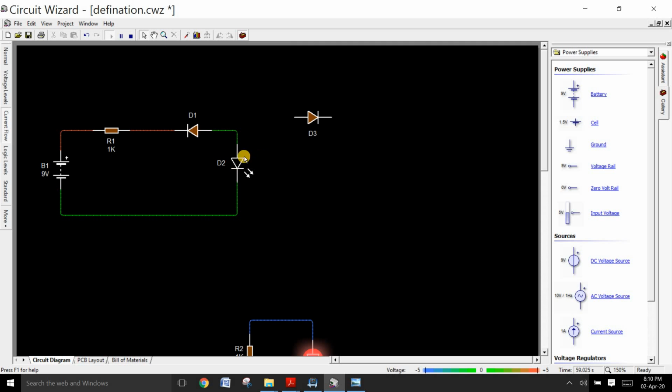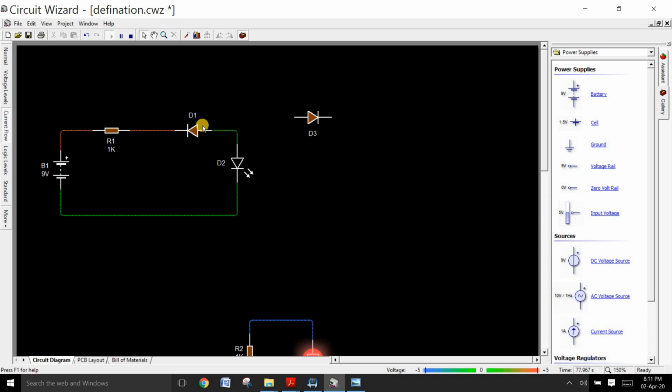The current from your charger will move from the anode to the cathode and to your battery or phone, right?